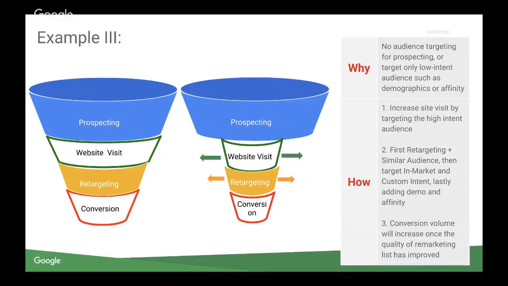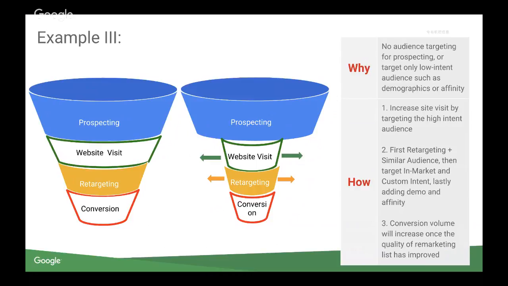Our recommendation for this type of client is to start by targeting the high intent audiences, because for prospecting, it's always important to focus on the most relevant audiences, the audiences with high intent. So retargeting and similar audience should go together.